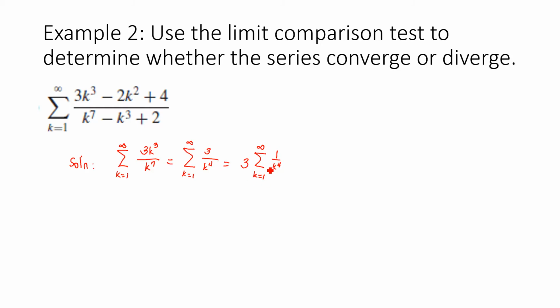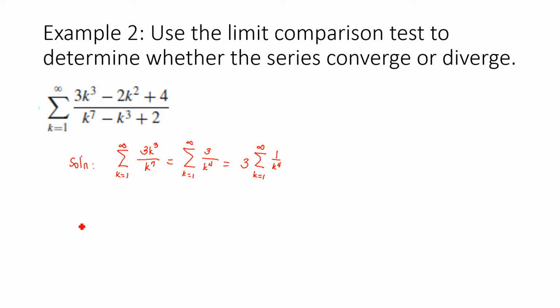This is convergent because our p here is 4, and it is a constant times a convergent series. Thus, the given series is likely to behave as convergent. And we can now use the limit comparison test to prove that this series is also convergent.